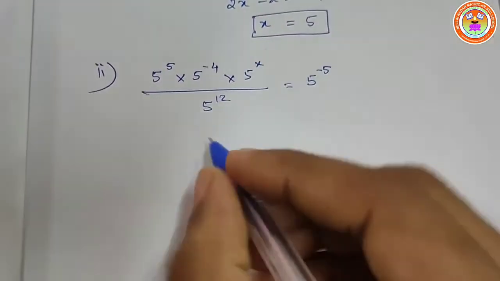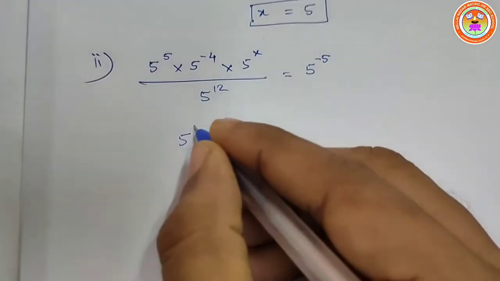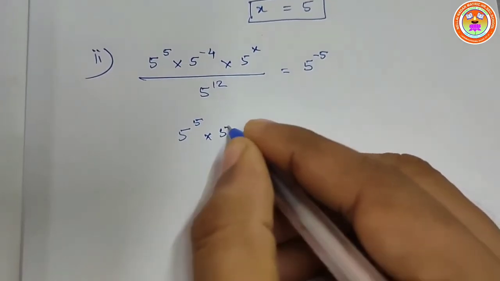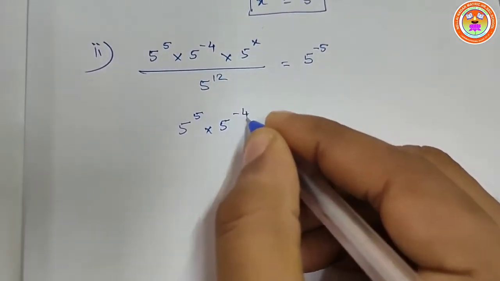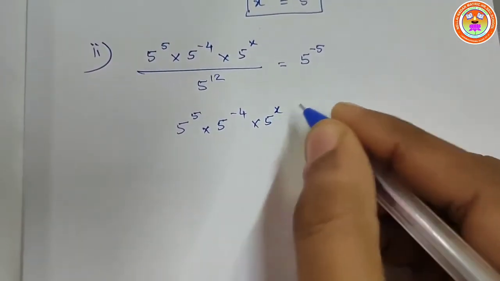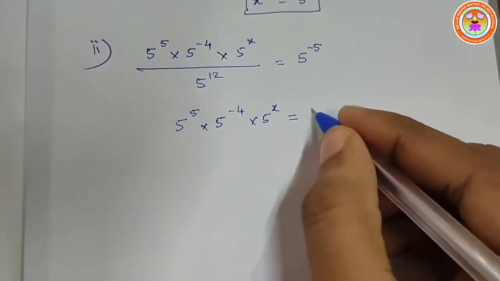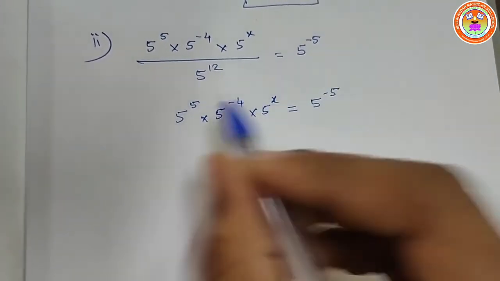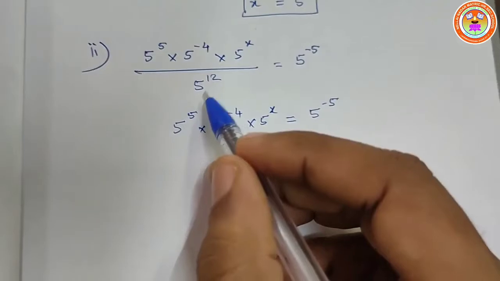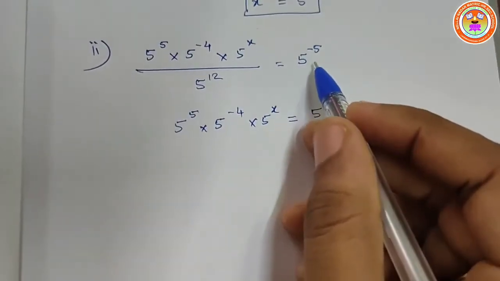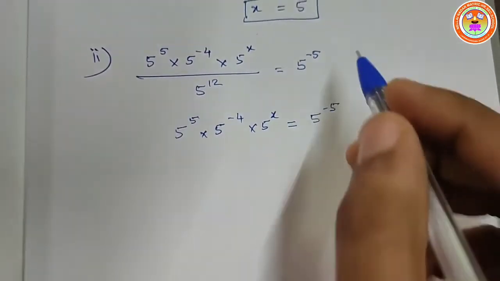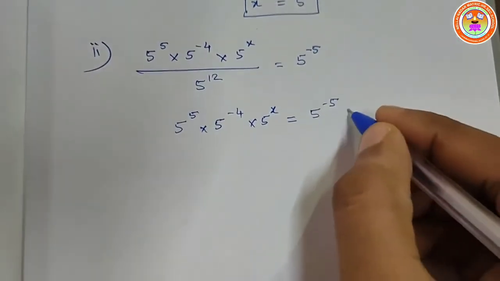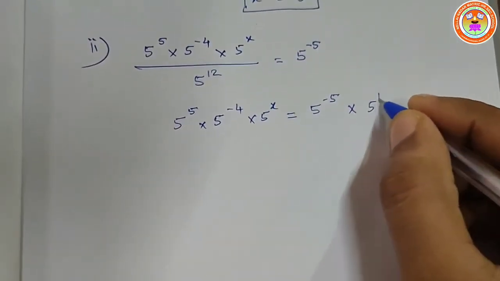The second subdivision. 5 power 5 into 5 power minus 4 into 5 power x is equal to 5 power minus 5, with 5 power 12 in the denominator. If it goes to the right hand side of the equation, the division will become multiplication, 5 power 12.